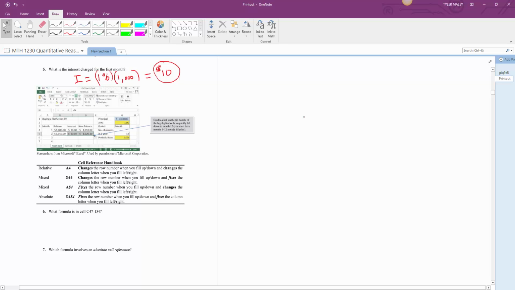We can have relative cell addressing, absolute cell referencing, and mixed. Mixed is a combination of relative and absolute, so you're not locking in both the row and the column.